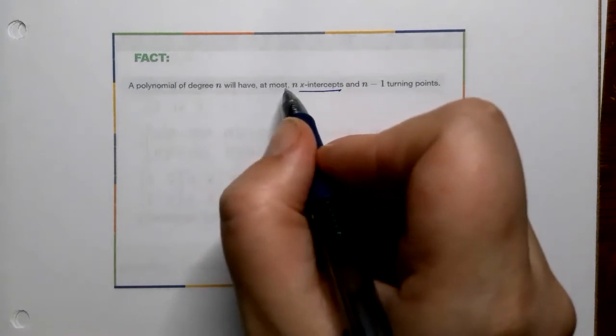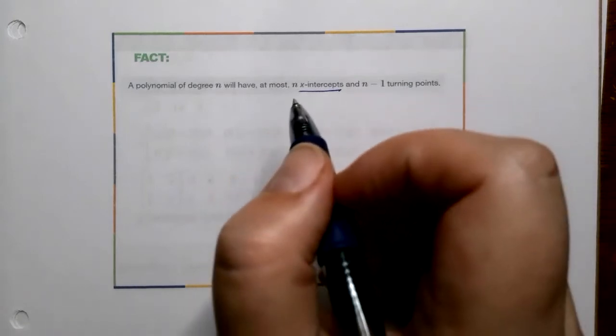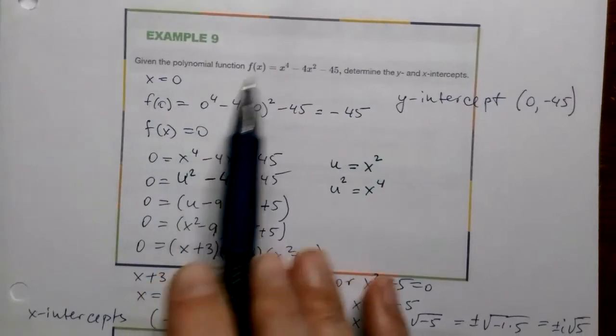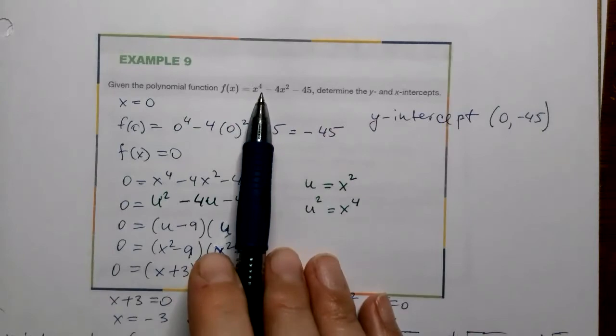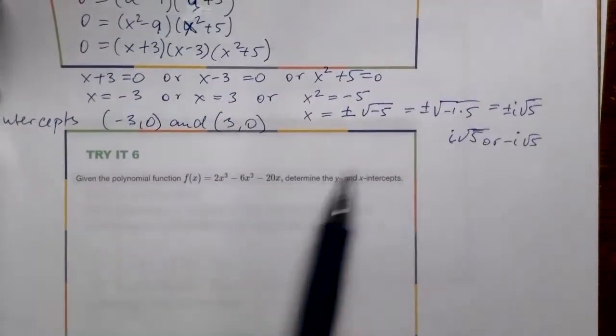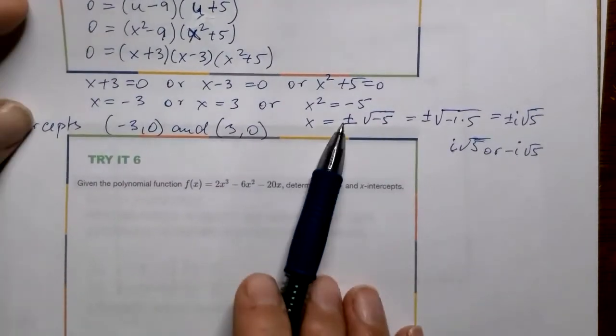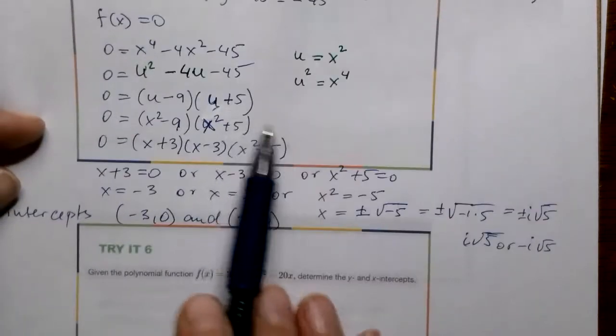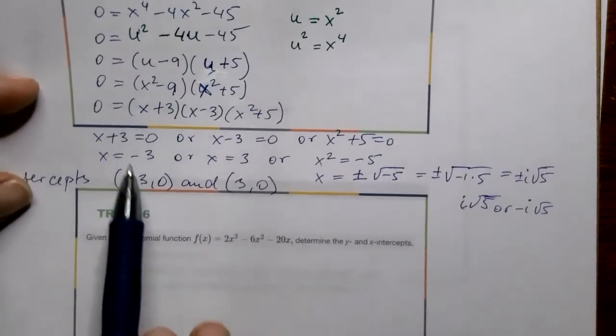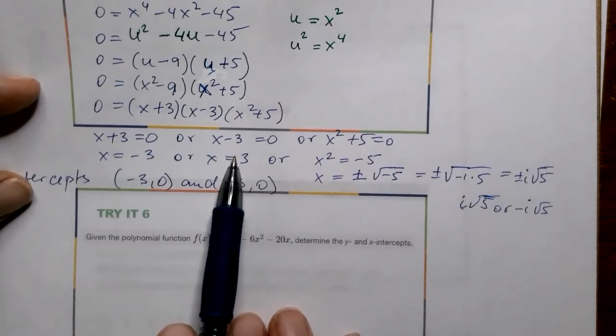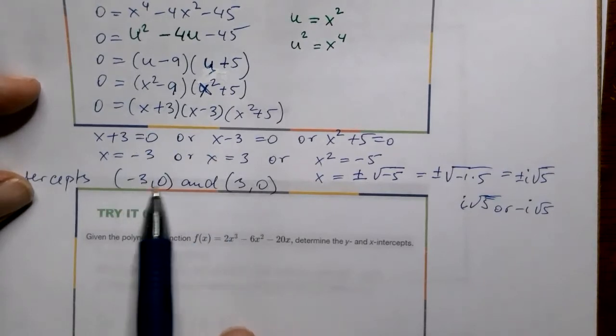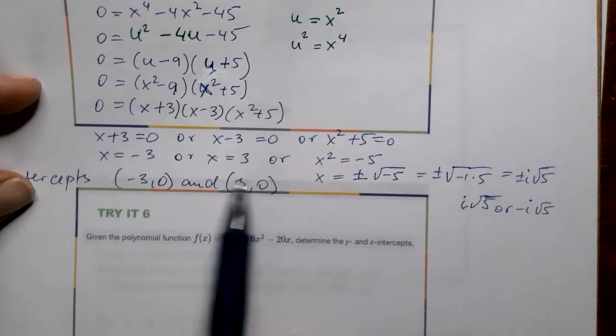It says at most. Just like in the example that we saw in the previous video, it was a 4th degree polynomial, and we did find 4 roots of the associated equation, but only 2 of them were real roots, which translated into x-intercepts.